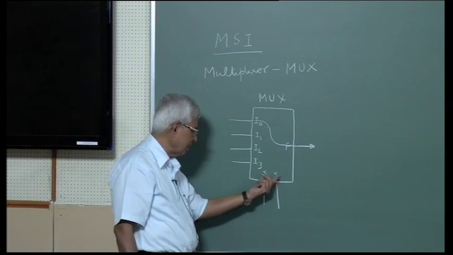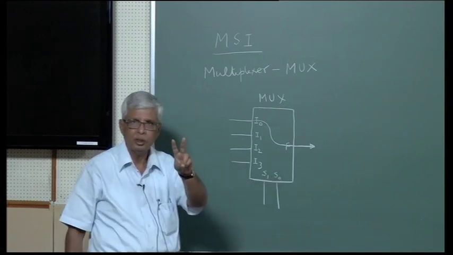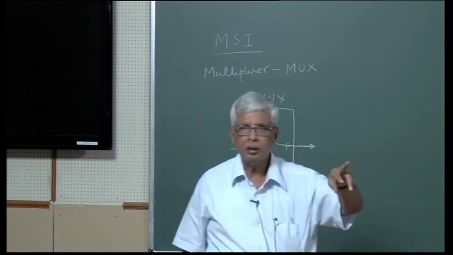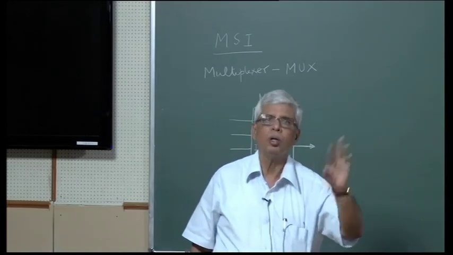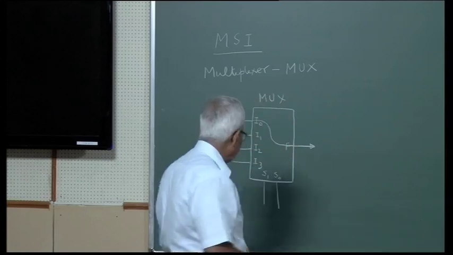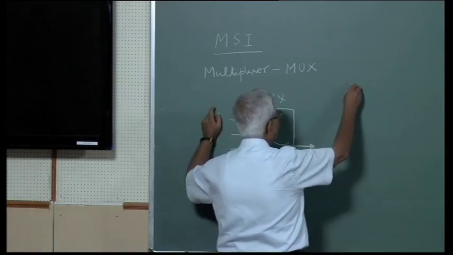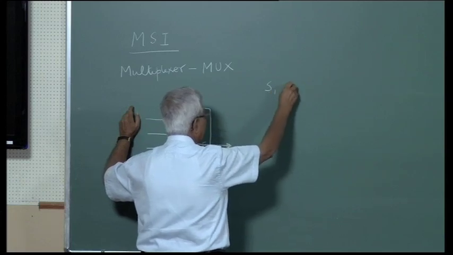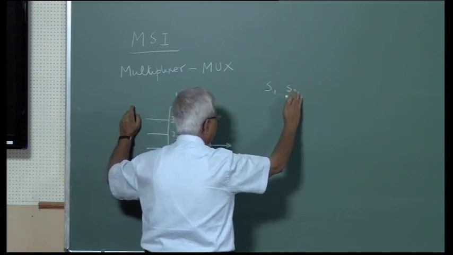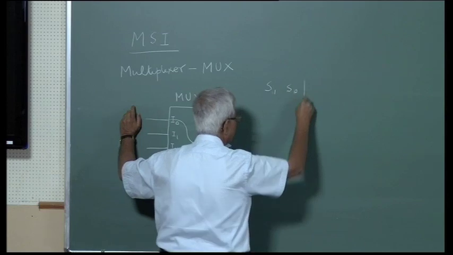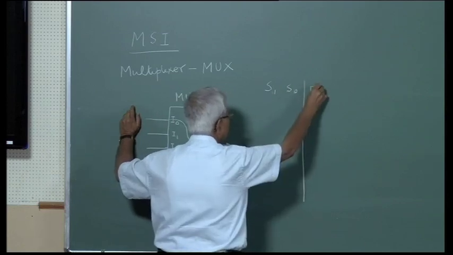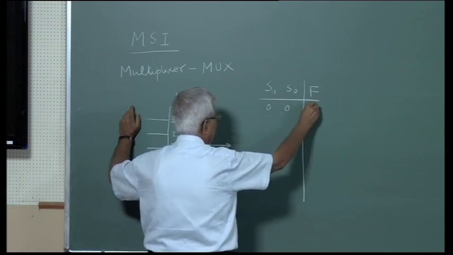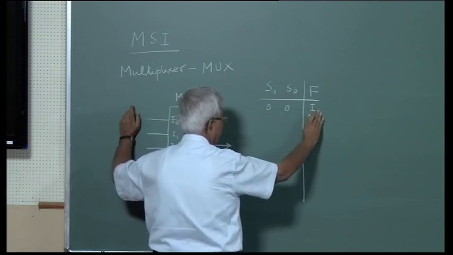S1, S0 are 2 inputs, so they can have 4 values: 0 0, 0 1, 1 0, 1 1. So I can now draw the truth table. If both selectors are 0, F is I0.